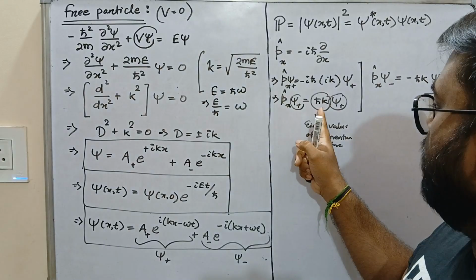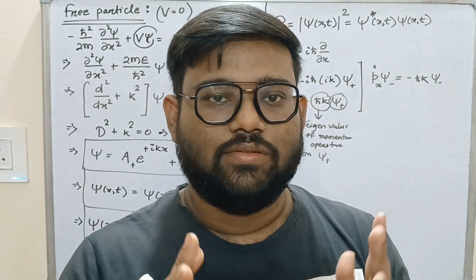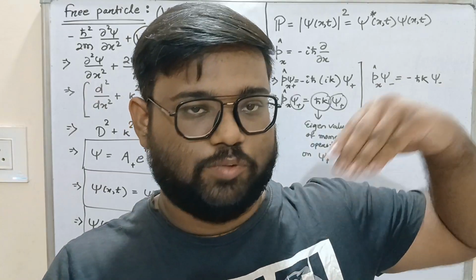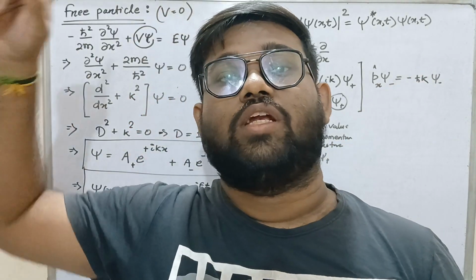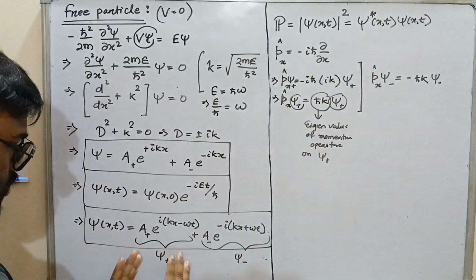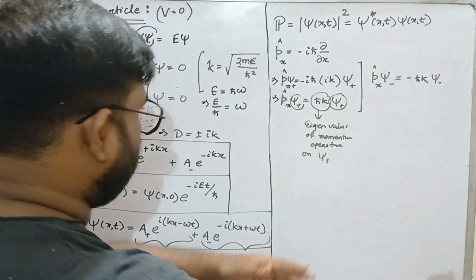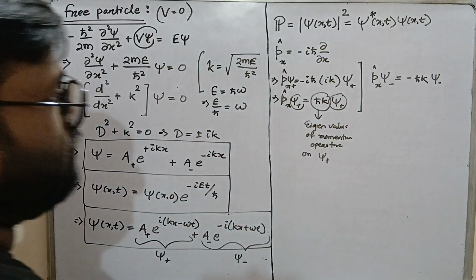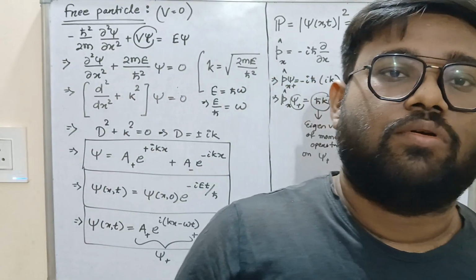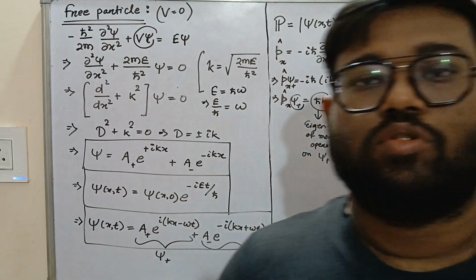One is plus h bar k, one is minus h bar k. Basically, it means that one is propagating towards positive, one is propagating towards negative. This wave is going along this direction, this wave is going along this direction. So when you calculate the probability density, you have calculated the probability density of two different waves.